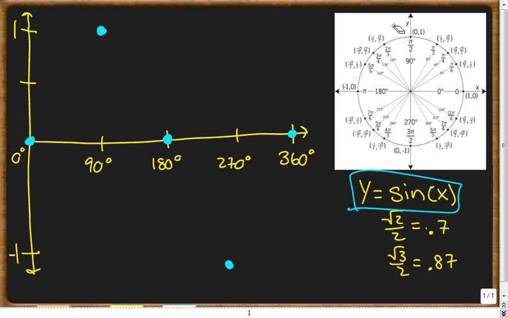Now, some people might be tempted to just connect the dots real quick, but that's not exactly what's going on. What happens is these middle values, as we break these into different little chunks, are going to have values that curl.